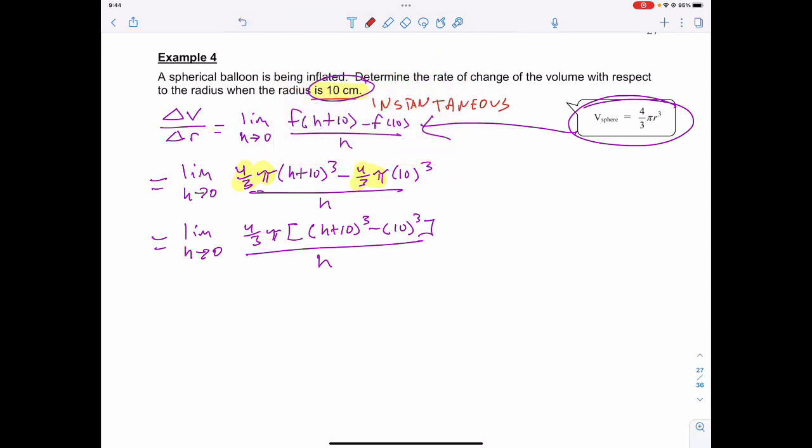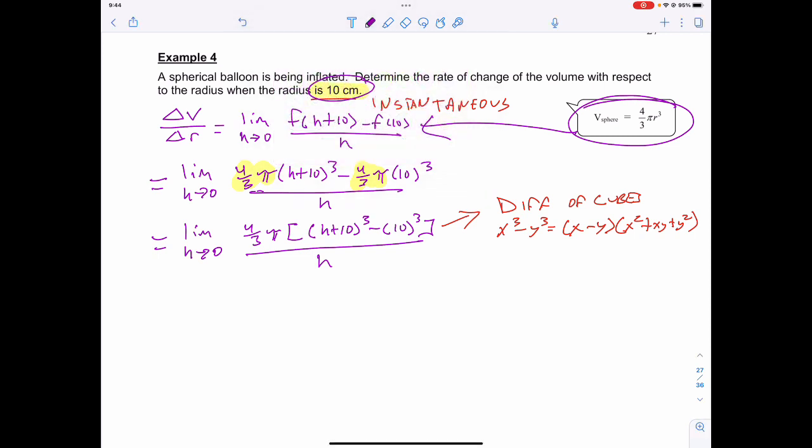Remembering from when we covered the first section, the difference of cubes was where we had x cubed minus y cubed is equal to x minus y times x squared plus xy plus y squared.